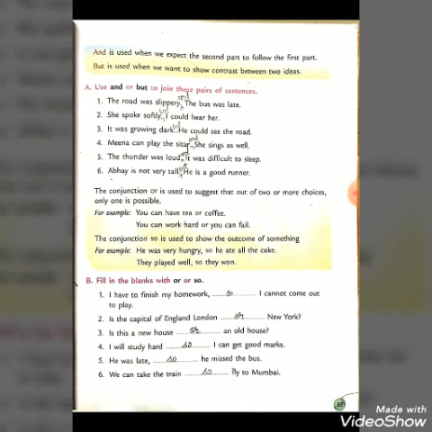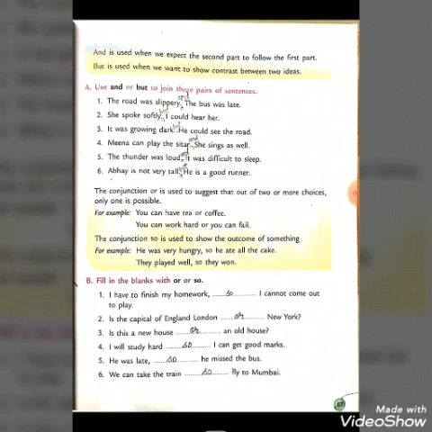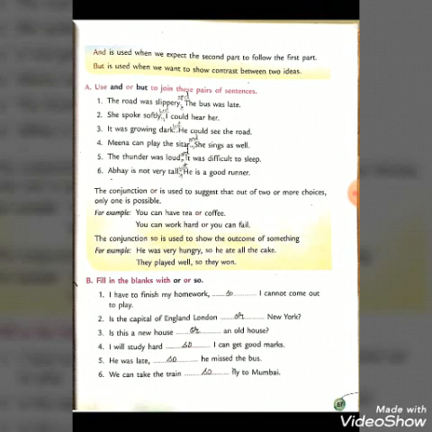Here are two choices. Now the next example: you can work hard or you can fail.